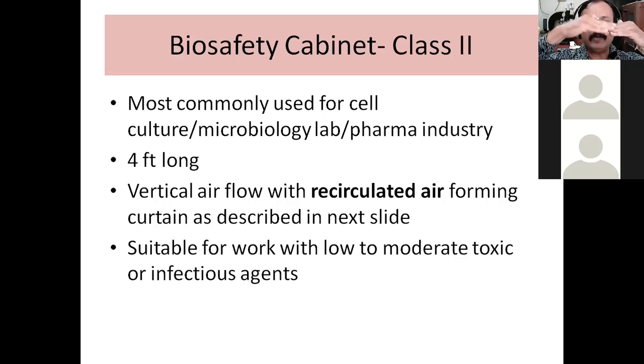Whatever air goes out from that surface, a part of it is recollected and allowed to circulate again and come down from the top, from the filters. Now, what is the reason for that? Why is the air being recirculated?